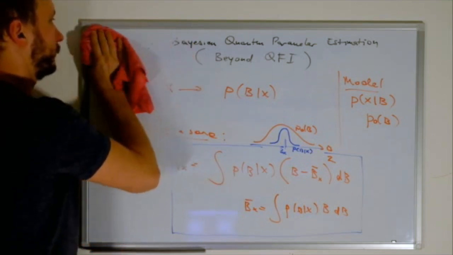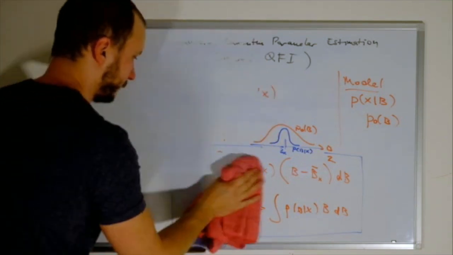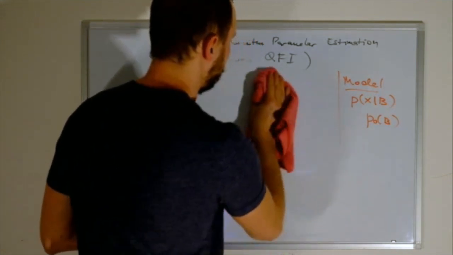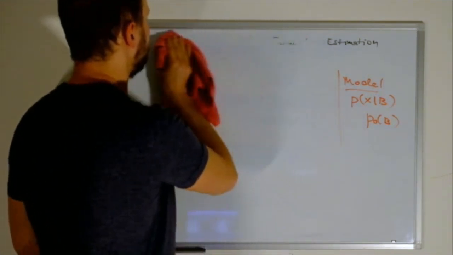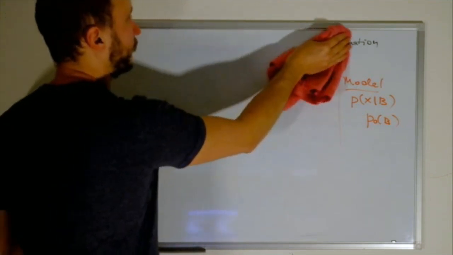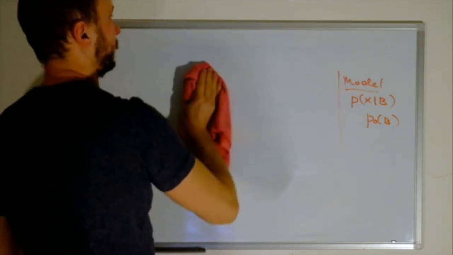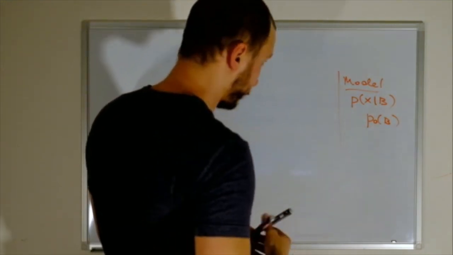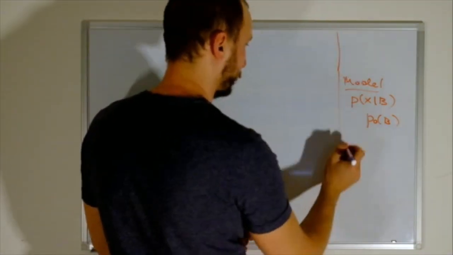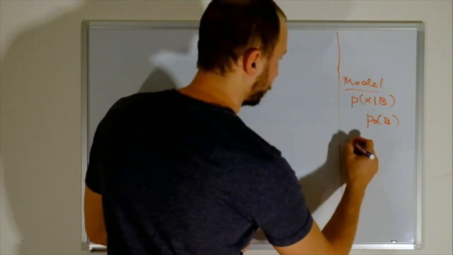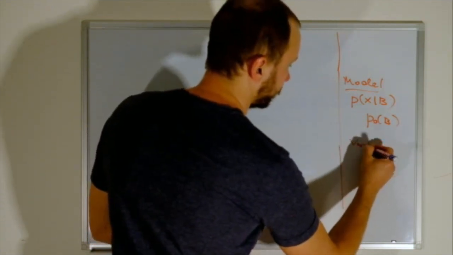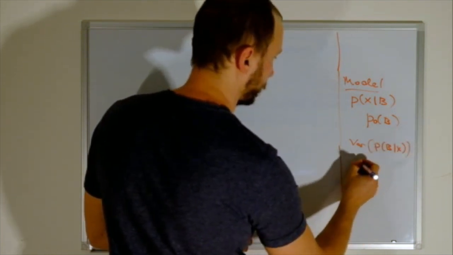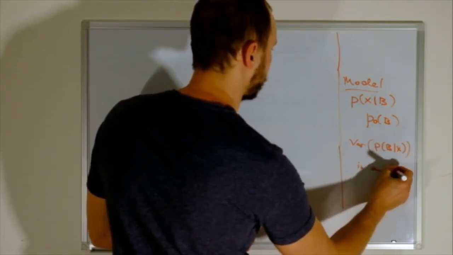Good. So having all this in mind, we will now explicitly consider quantum estimation. Let's add here, in this small square, that the variance of this posterior distribution of B given x is our figure of merit.